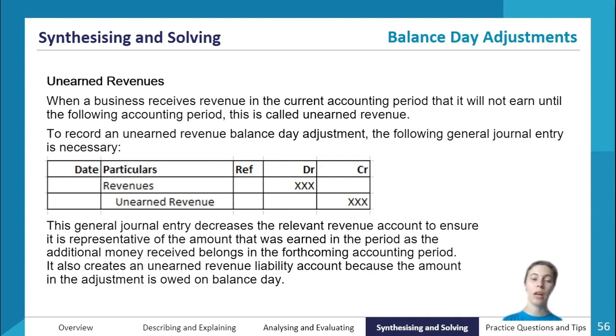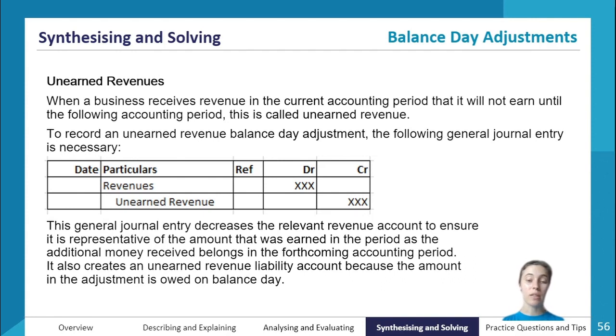To record an unearned revenue balance day adjustment, you need to have a debit to revenue and a credit to unearned revenue. So it's decreasing whatever revenue account it is to ensure that it's representative of the amount that was actually earned in the period, because any additional money that wasn't earned would belong in the next accounting period.